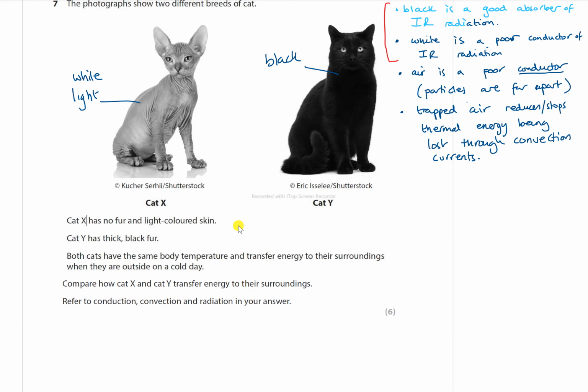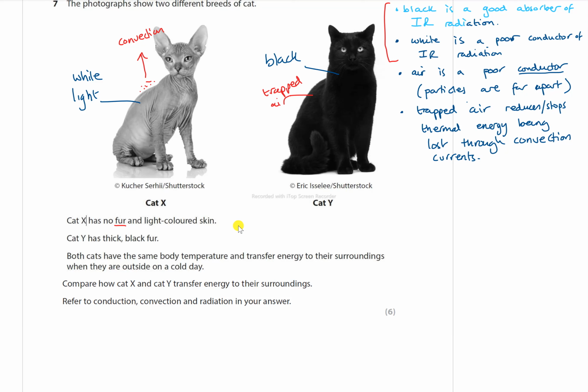It has no fur, so you'll heat the air up here, and that will form a convection current, or you'll get energy loss through there. This has got fur, so it's got trapped air, and fur is a poor conductor of heat anyway. So all this is going on.